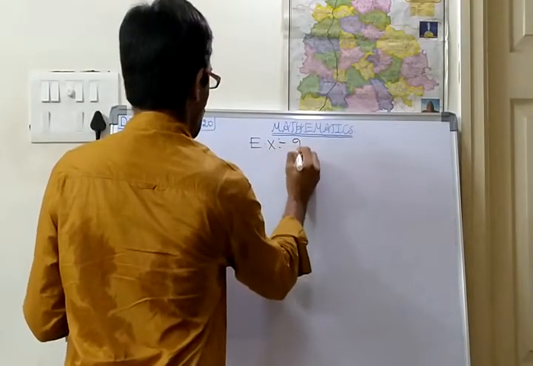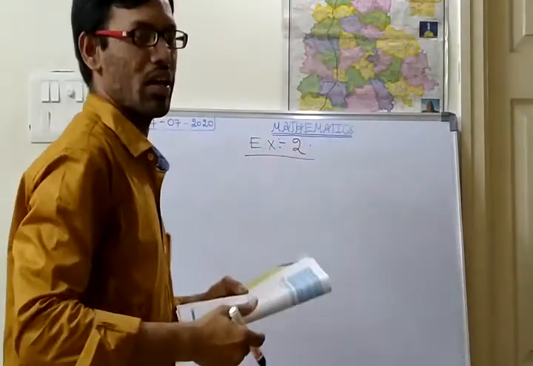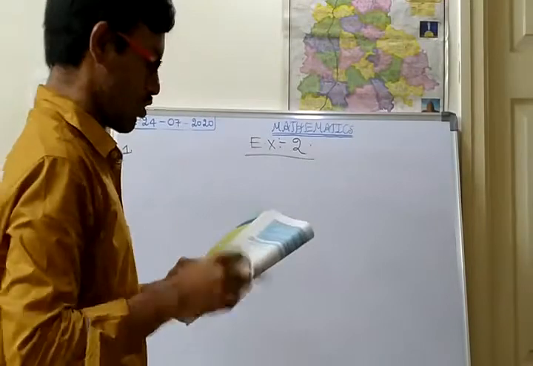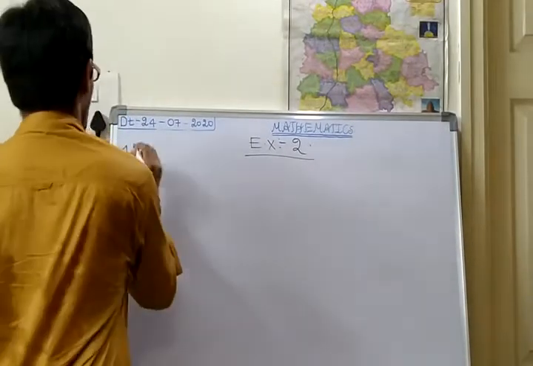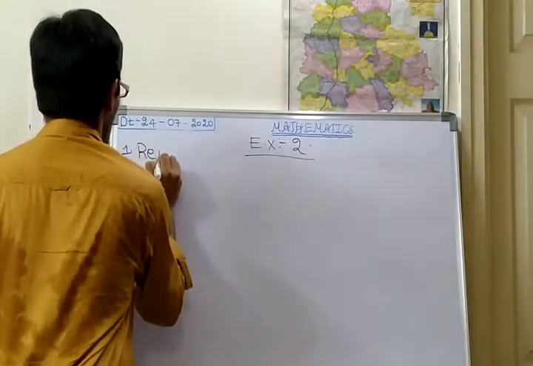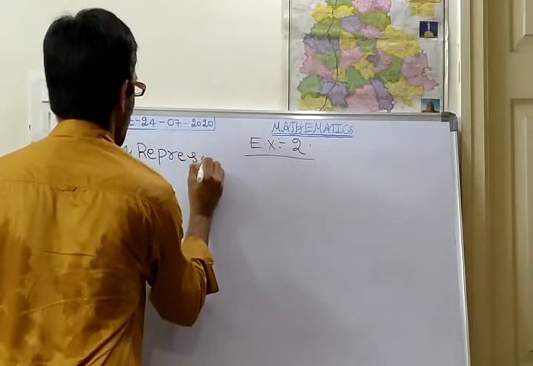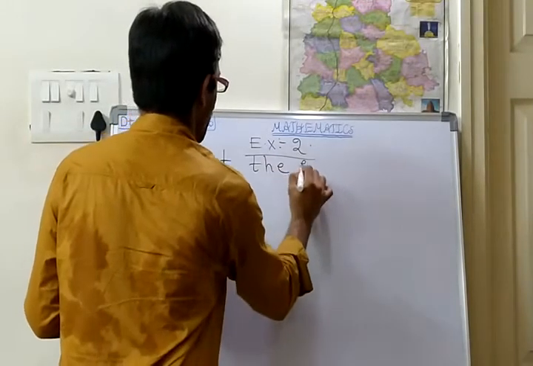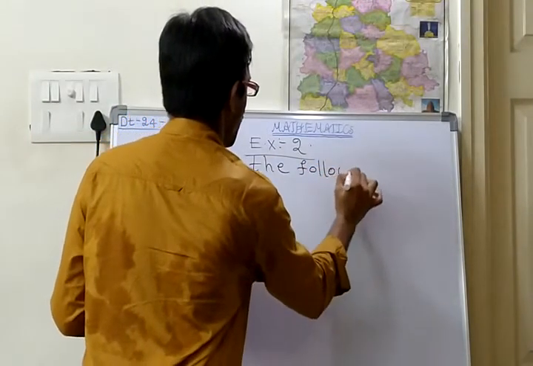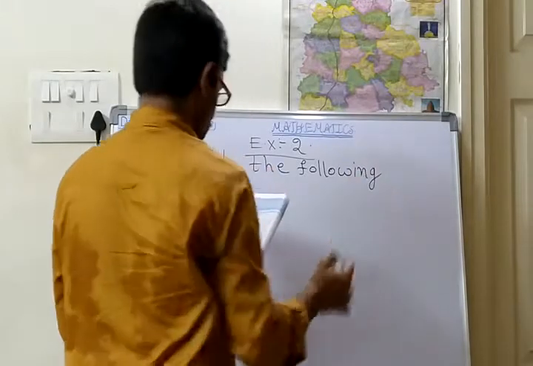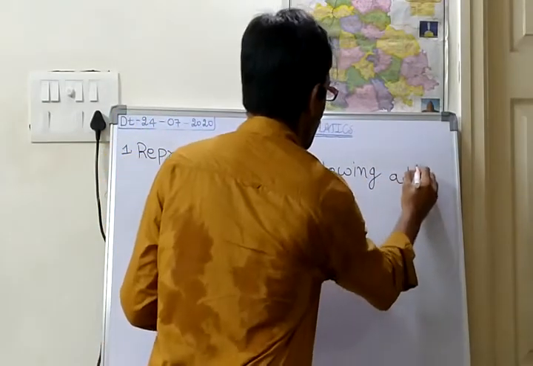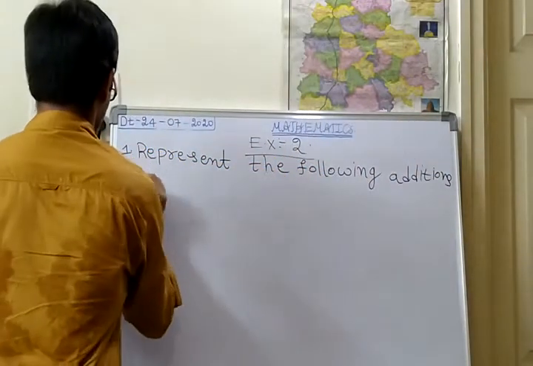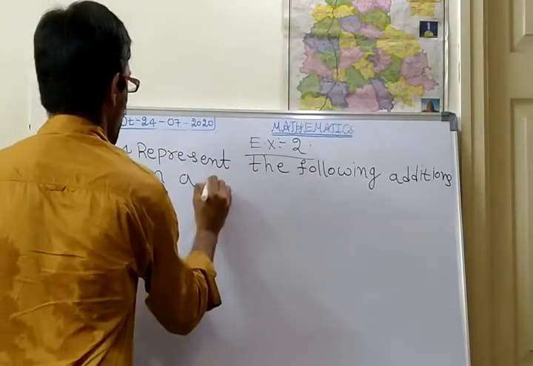Exercise 2. So the first exercise is already completed. Now the second exercise. In the second exercise, first bit. So what is the first bit? I am writing the question here. Represent the following additions on a number line.